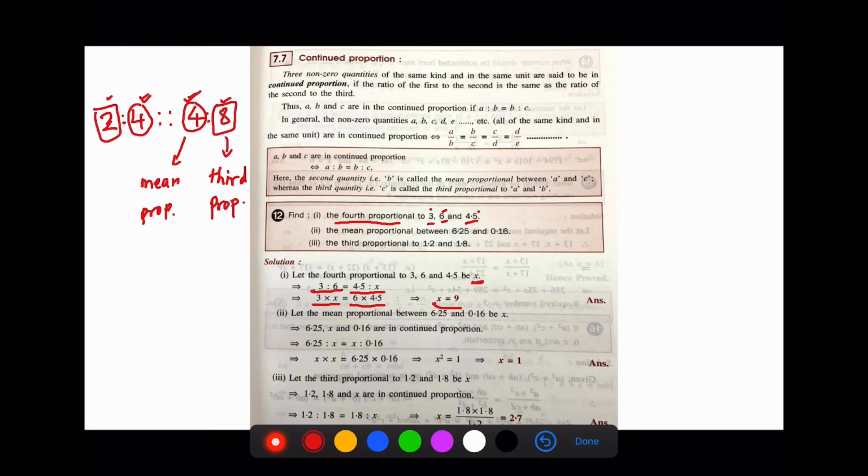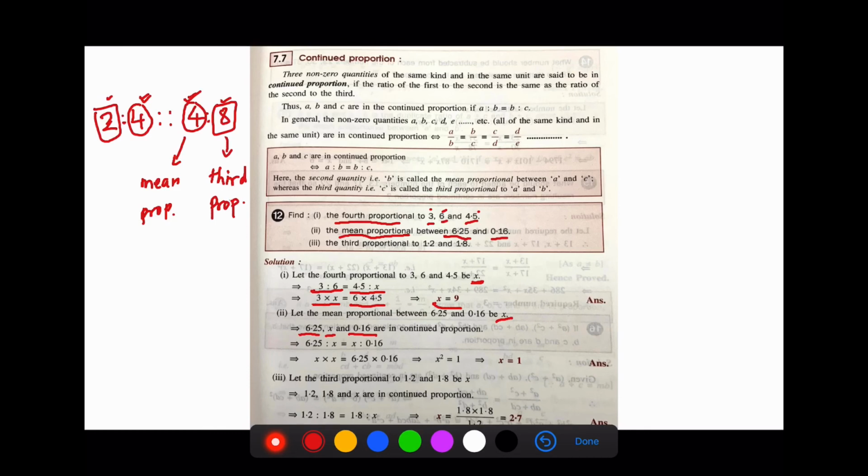Then in the next question we have to find the mean proportional between 6.25 and 0.16. Now whenever mean proportional is mentioned, you would know that this is a case of continued proportion. So if we assume the mean proportional to be x, then the numbers 6.25, x and 0.16 are in continued proportion.